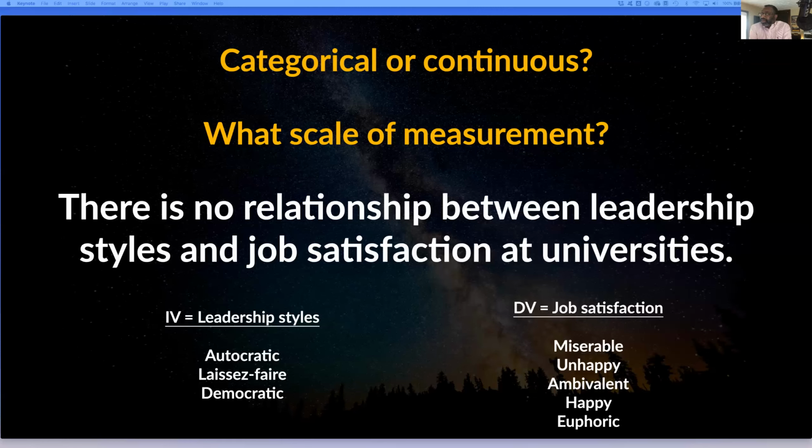All right, so is the independent variable categorical or continuous? Hold on now, we need think time, okay? For sure. Is it categorical or continuous?